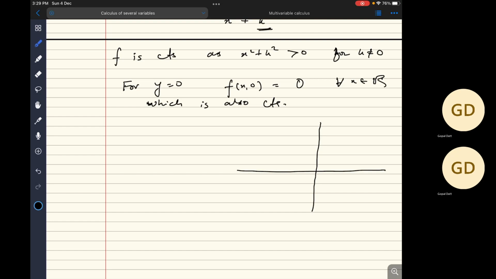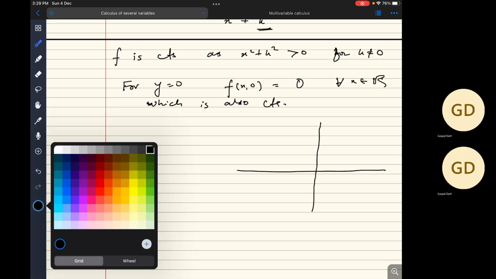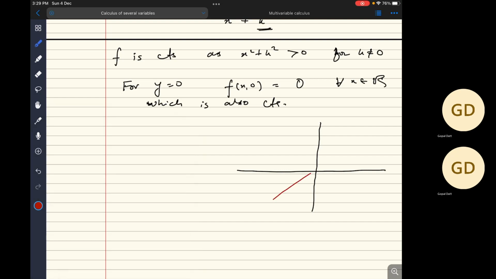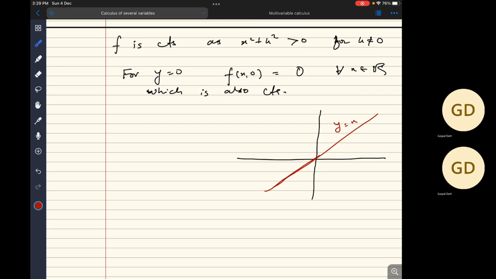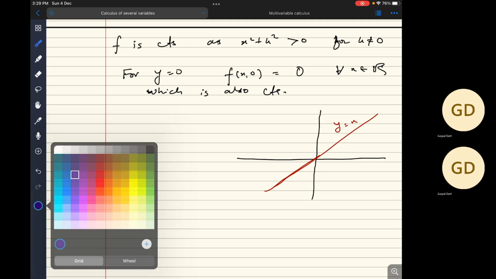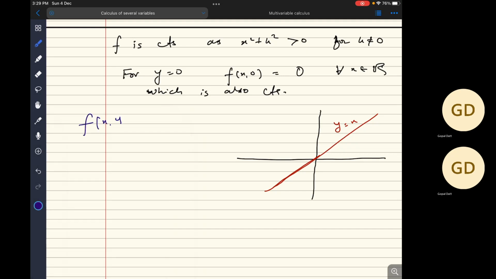For that, let us consider some curve. Here we take the curve y equal to x. Now consider its value on this curve. When y equal to x, f(x, y) is 2x square upon 2x square, which is 1.